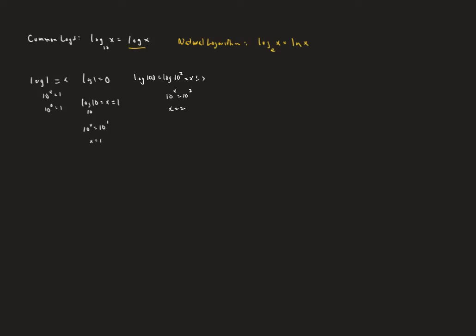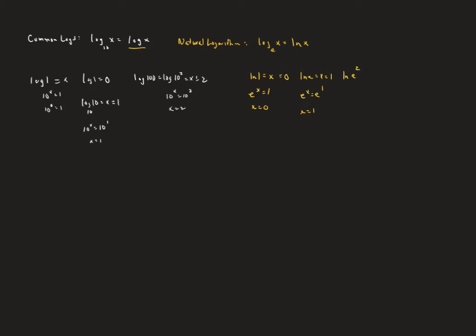and that means it's going to be 2. And in the case of a natural logarithm, if we have the natural log of 1, so I'll call that x for a minute. Again, we have e to what power is 1, and it's going to have to be 0. So as we saw with a common logarithm, the natural log of 1 is just 0. The natural log of e, remember this is e to what power is e to the first, that's going to be 1. So the natural log of e is 1.